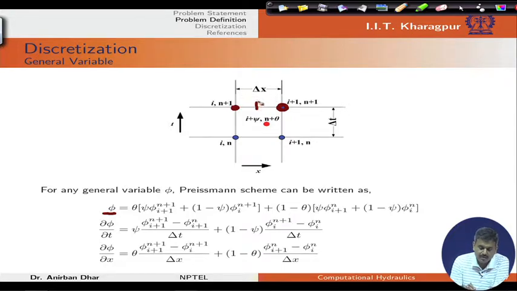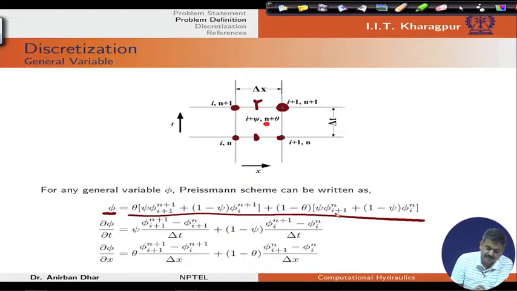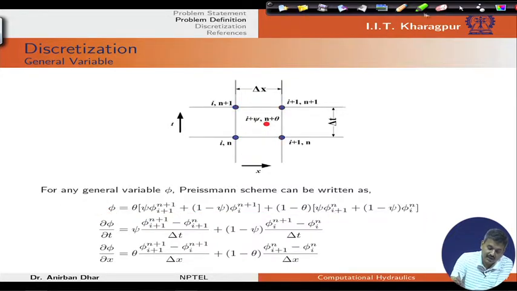So, some value in between we will get, again a weighted combination of these two we will get here, and this is for a spatial combination, again in time we can give a weighted combination here. So, with theta and psi we can define the problem.